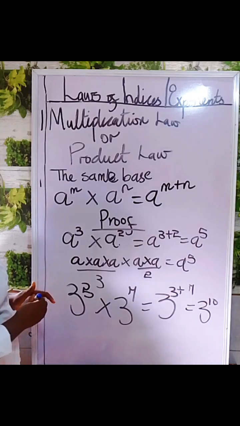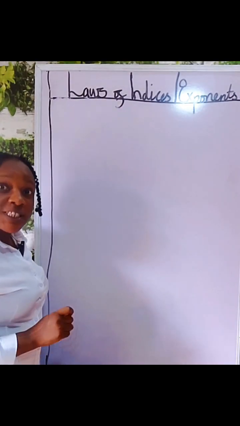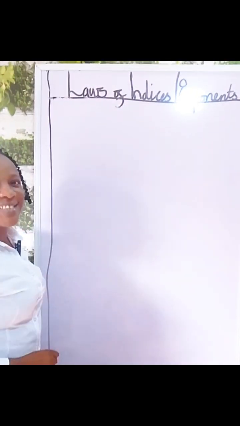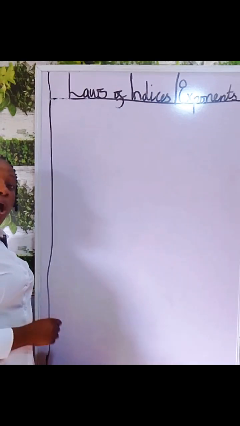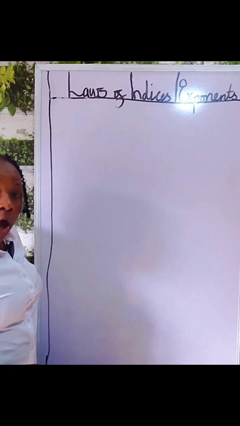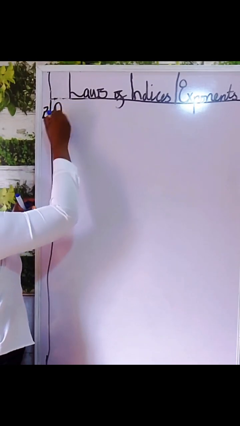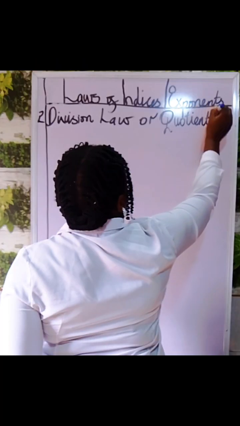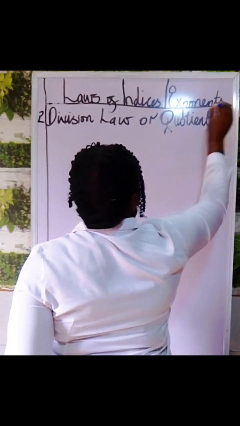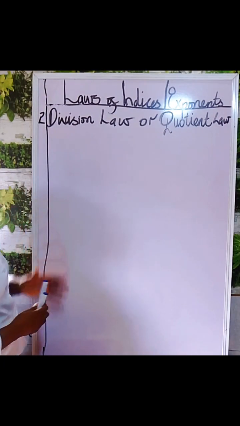Okay, now we have come to the second law of indices. The second law is called the division law or quotient law.